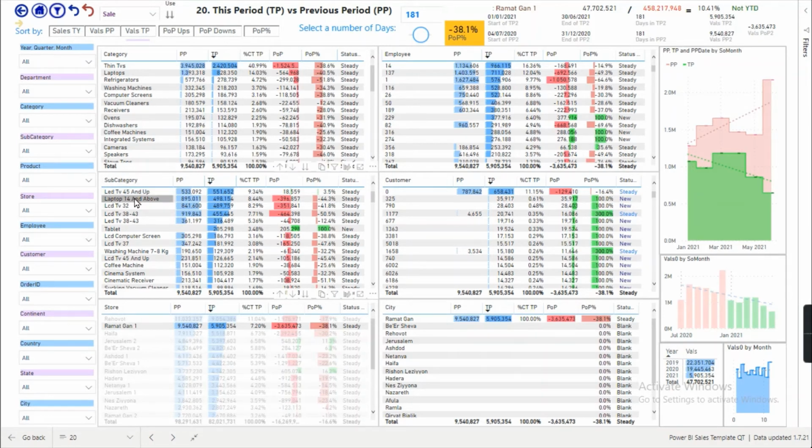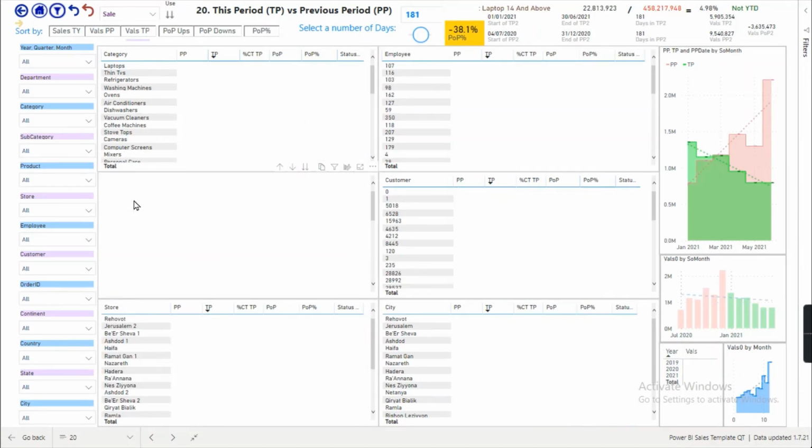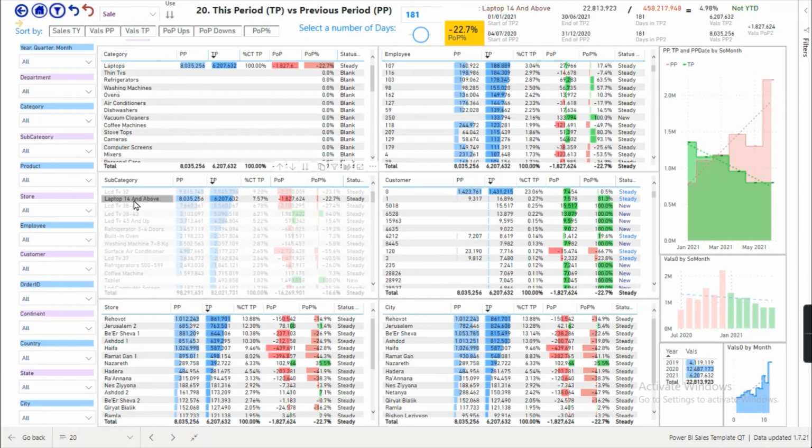Now let's see laptop, big laptop, 14-inch and up. That's a category that's doing well. If you remember, it was plus 42% from last year. So why is it minus 23% here? Okay, I put this graph here to understand what we're looking at now.